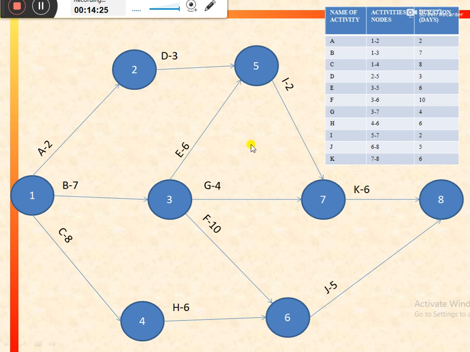While doing this, remember that activity A is the former or preceding activity for activity D, and similarly activity D is the preceding activity for activity I, and activity I is the successor or following activity for activity D. So always consider the logical sequence of the activities while calculating all the starting or finishing times for the different activities of the network. So let's start.